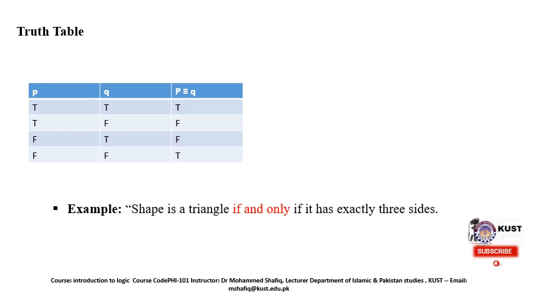In the rest of the two cases, where one component is true and the other one is false, it would be considered false. So in this truth table, there are two conditions in which this statement could be true, while at the same time there are two conditions in which this statement could be considered false.